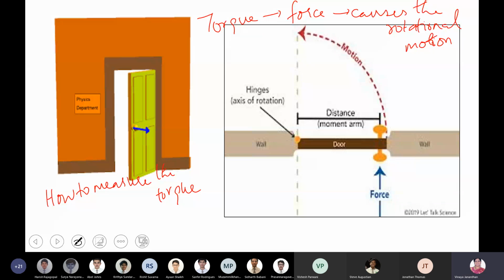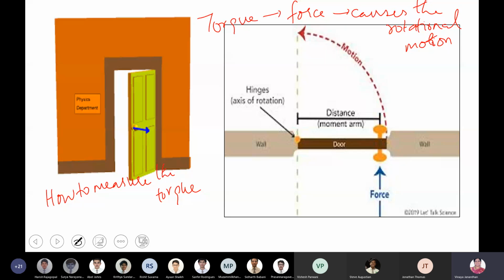When you're opening a door as well as closing a door, you're applying a force, and then you're causing a rotational motion of the door, yes or no? Whether you're opening the door or closing the door, you're causing the door to rotate.